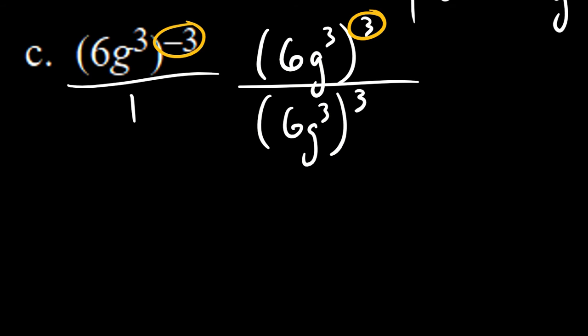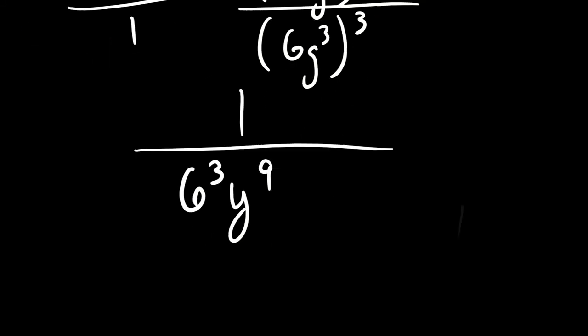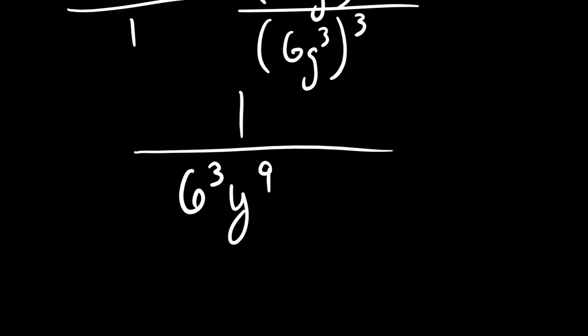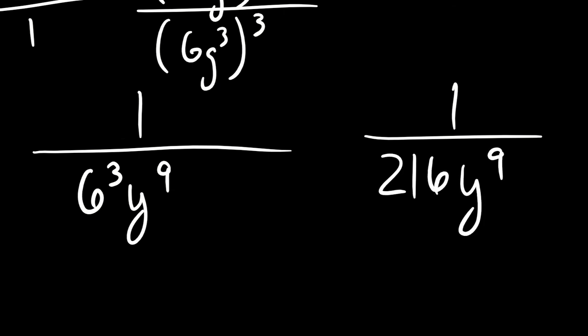My denominator, I can write this now as 6 to the third and y to the 3 times y to the 9th. 6 to the third is 216. So I get, for my final answer, 1 over 216 y to the 9th power.